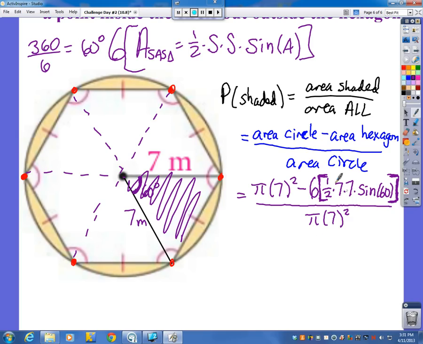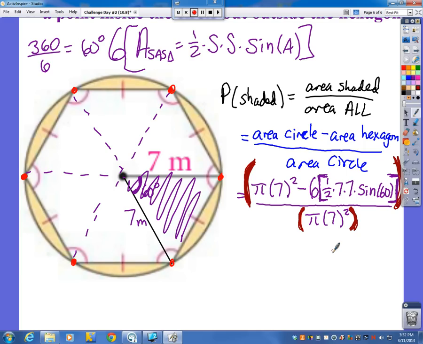Now, this isn't going to look very nice if we try to simplify stuff. This is the point where you might just want to throw all of this into the calculator and get a decimal from here. One thing to note, though, you will definitely need to put all of this in parentheses up top before you say divided by, and you will want to make sure to put all of this in parentheses when you divide.